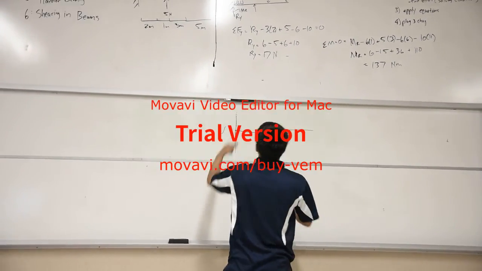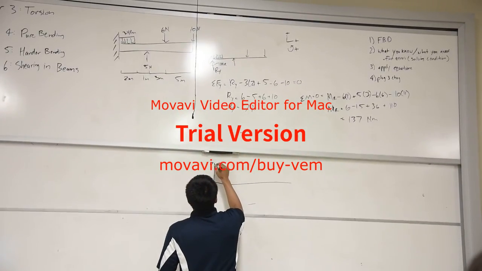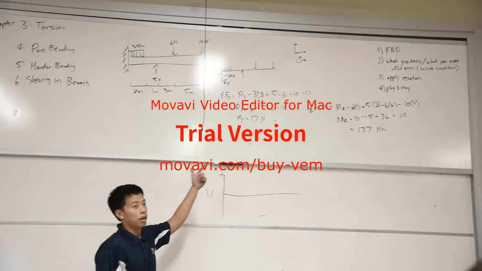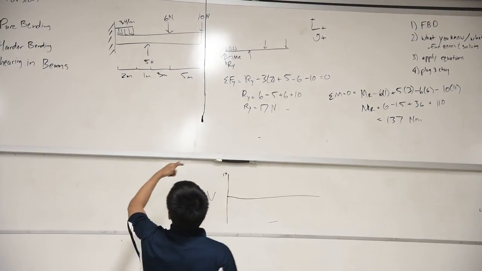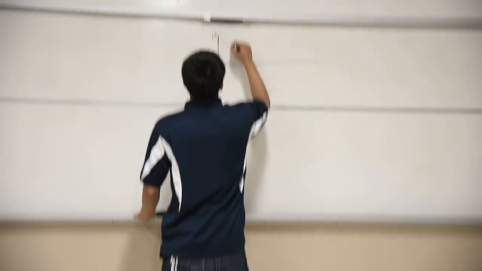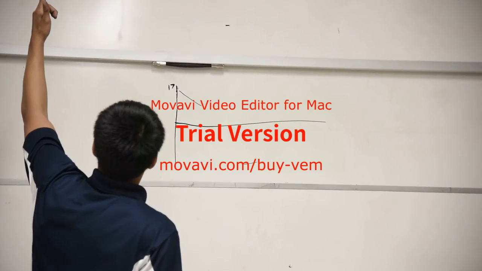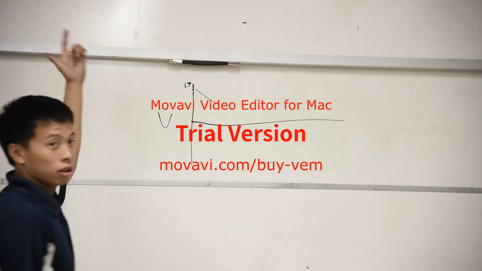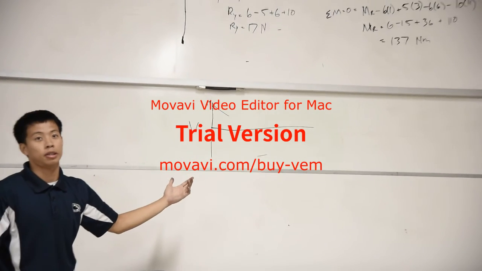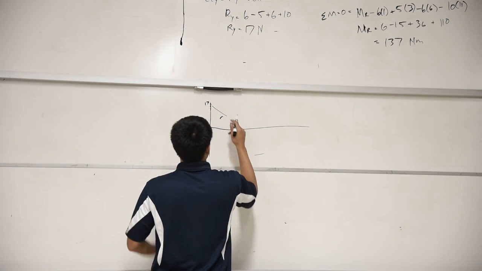What's the value of Ry? 17. So we're going to start here, 17. It immediately goes into a distributed load, so you're going to have a negative slope because it's pointing down, and it's at 3 newtons per meter. By the end of it, I get through all the load, and the equivalent load is 6. So I should end up at whatever 17 minus 6 is, which is 11.